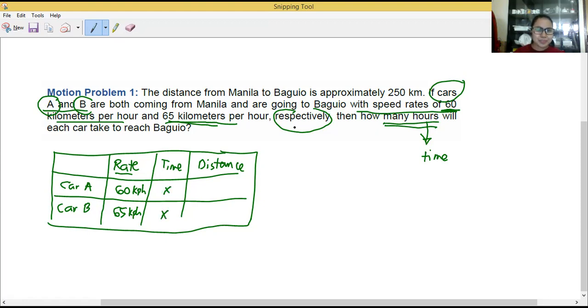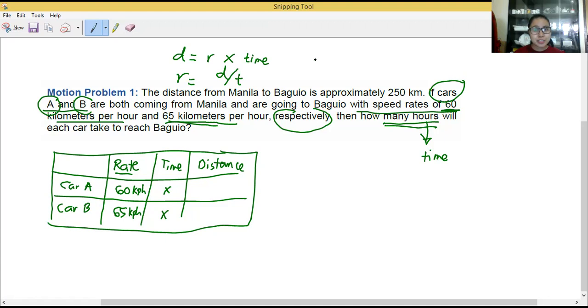So now, let's go to the distance. How to solve for the distance? We go back to our problem. Remember the formula? If you're looking for distance, that will be rate times time. If you're looking for rate, that's distance over time.